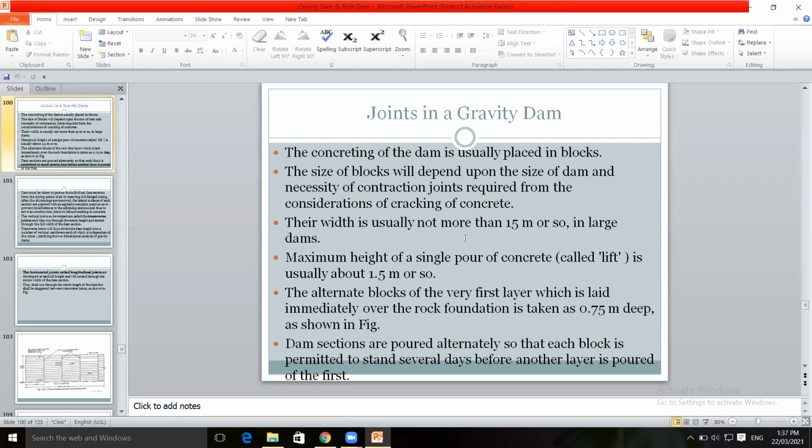What is the width of the joint? 15 meter in case of large dams. And maximum height of single pour of concrete is usually about 1.5 meter.